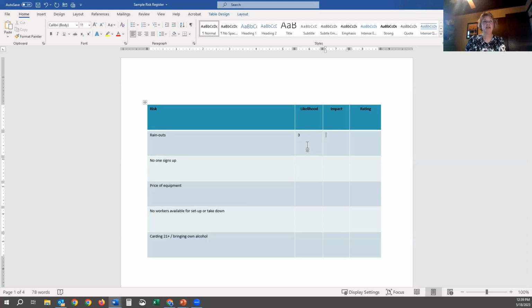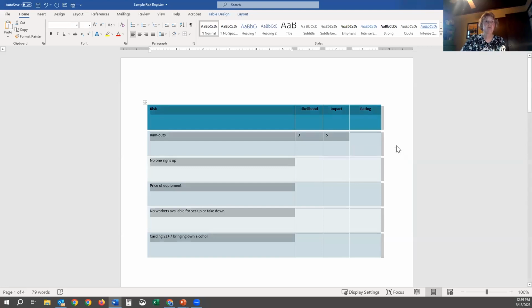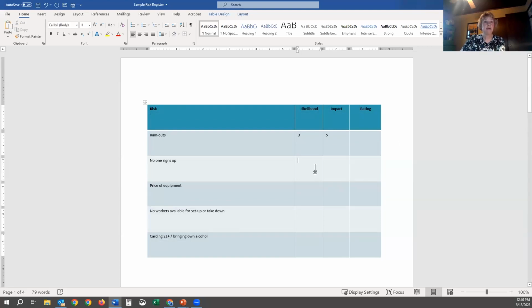In this case, on any given night that it rains, it's a huge impact because you're not going to play. Then, what if no one signs up? The likelihood of that is pretty low because it's already part of a larger system of signups. If it did happen, it would be a 5, because obviously the league wouldn't run.